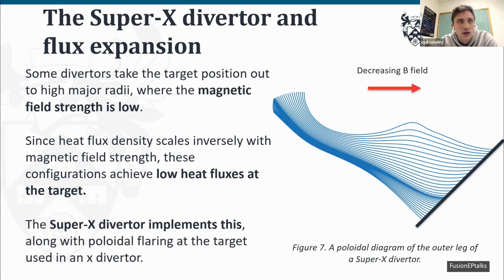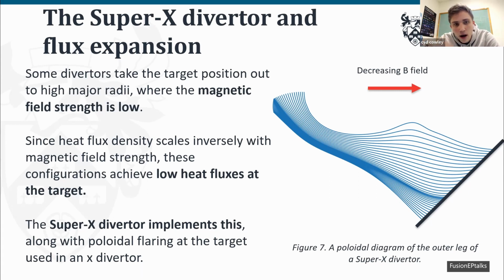And so really you need to design your machine around possibly having some sort of Super-X or total flux expansion configuration. And that's expensive, having more space. Every cubic meter counts when you're building these things. Every cubic meter adds a lot of money to the price of your machine. And so that's a decision you need to make in the early design stage, and it does cost a lot of money.